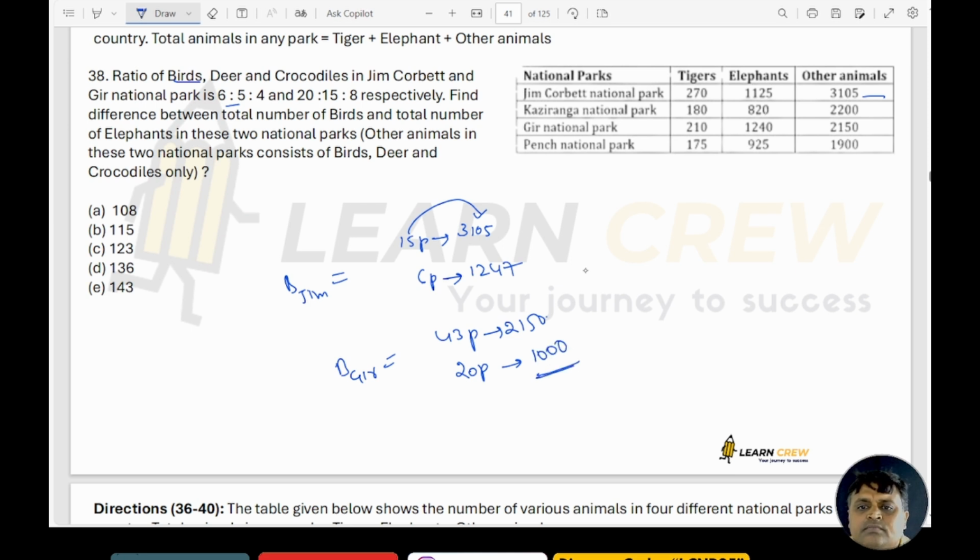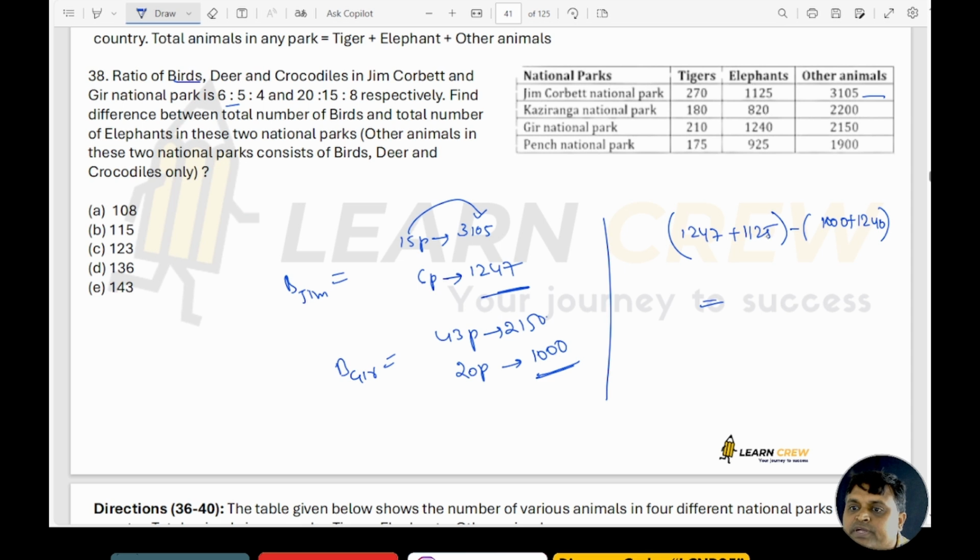Now, what is asked here? The difference between total number of birds and total number of elephants. So birds here is 1242 plus 1000, and elephants 1125 plus 1240.